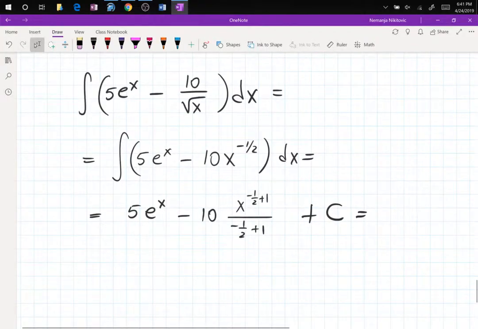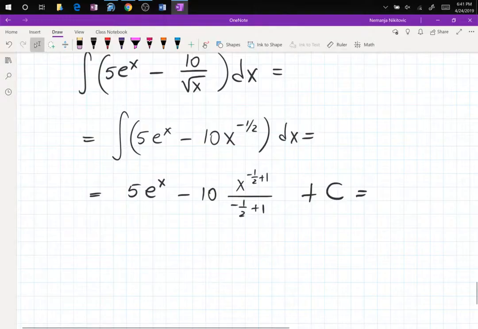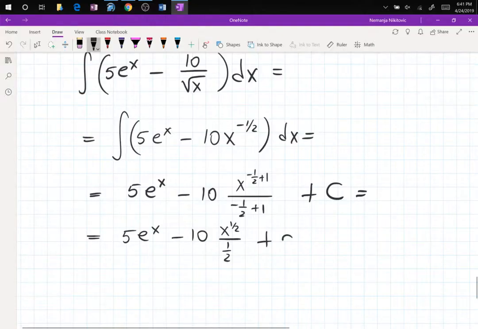Usually I say it's either plus c or minus 1. You make a choice. So now it adds up. I mean, per line, per problem, it could be like a minus 20 on a test. So 5e to the x minus 10 x to the 1/2 divided by 1/2, plus c.